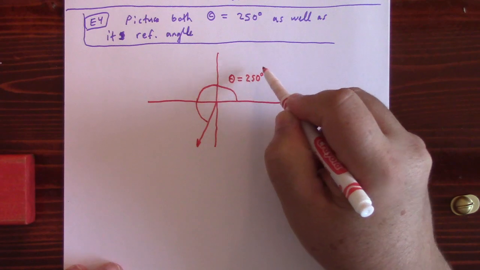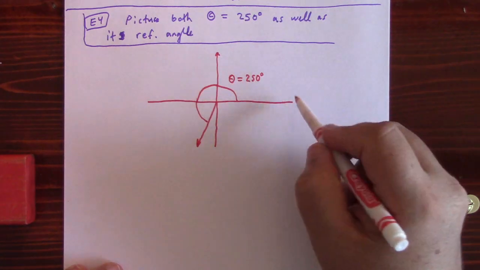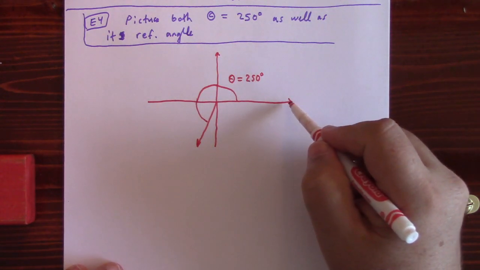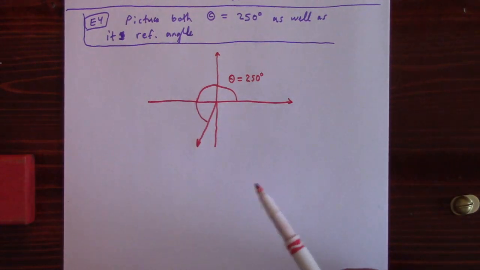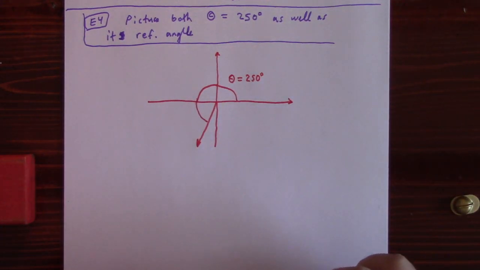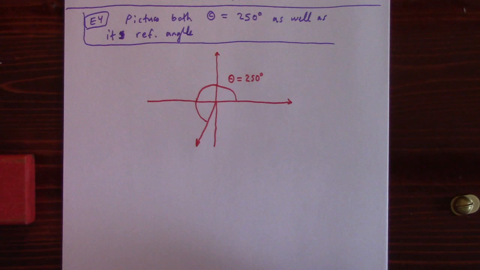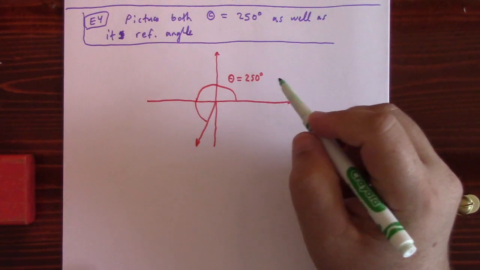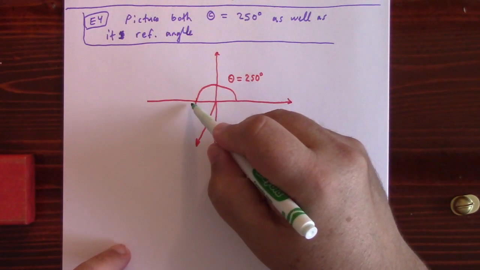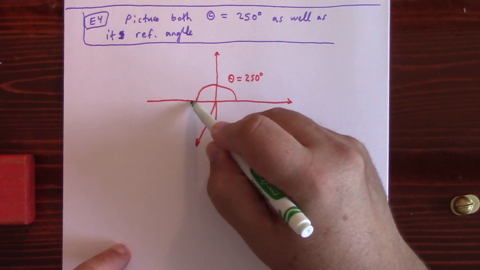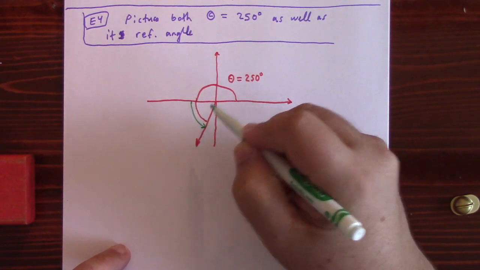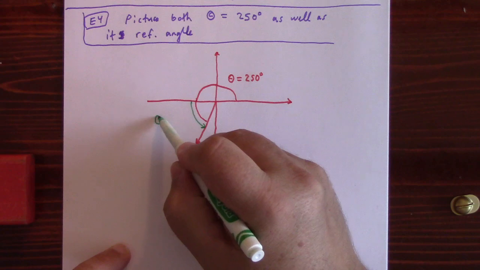Alright, what's the reference angle then? The reference angle is the acute angle formed sweeping from either the positive or the negative x-axis closest to the direction we're going. In this case, it's the negative x-axis, and it's this angle right here, which we typically denote by theta prime.